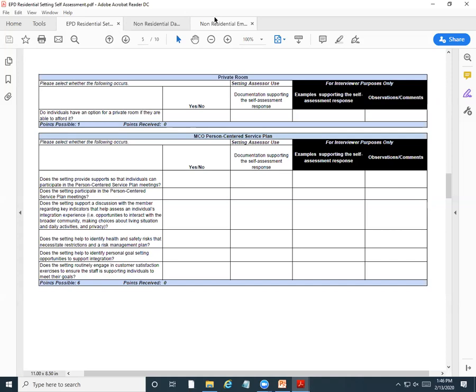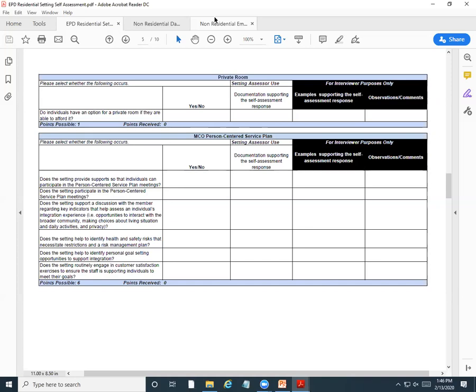Because what inevitably happens when that collaboration doesn't occur is that there are conversations about the member without the member. Or people are relaying information that the member said in one place, and it's good for the member to be empowered to communicate, as part of their person-centered plan, with both the facility that provides their care along with their case manager. So again, a lot of these have to do with member engagement and empowerment as well.